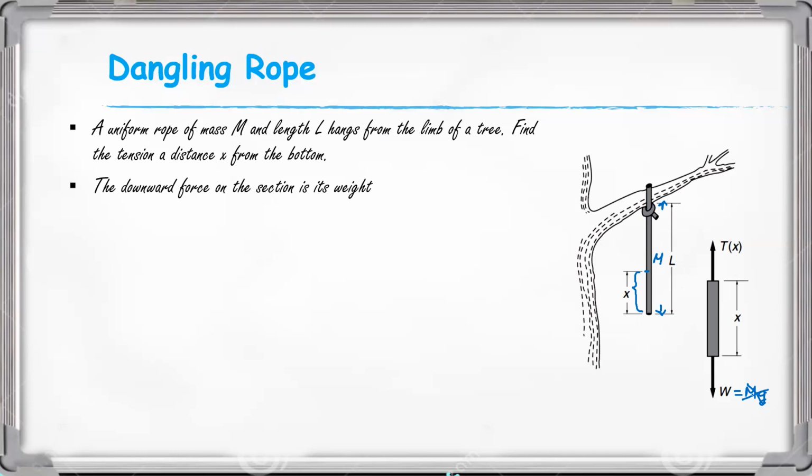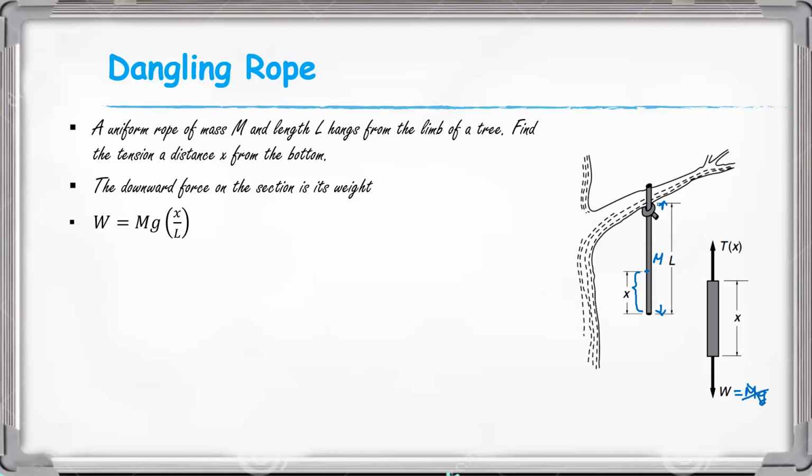Here it is not the case. Here the W must be equal to mg into x by L. So why is it mg into x by L?